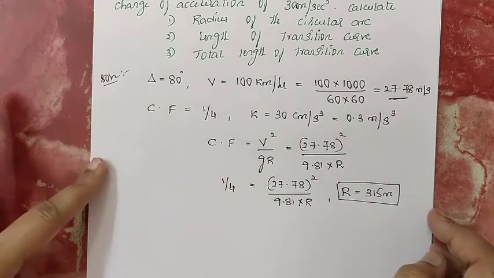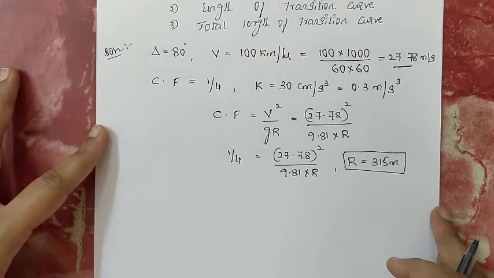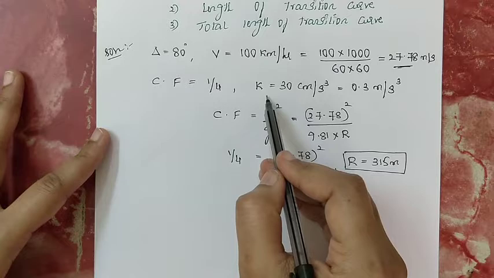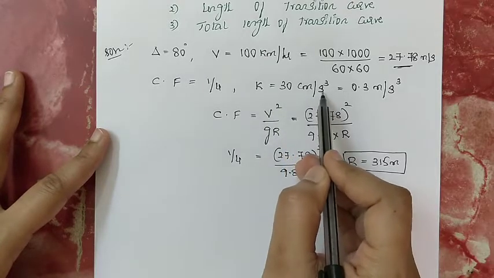Next, what you need to calculate? Length of transition curve. Here they have given the rate of change of acceleration, that is K equal to 30 cm per second cube.